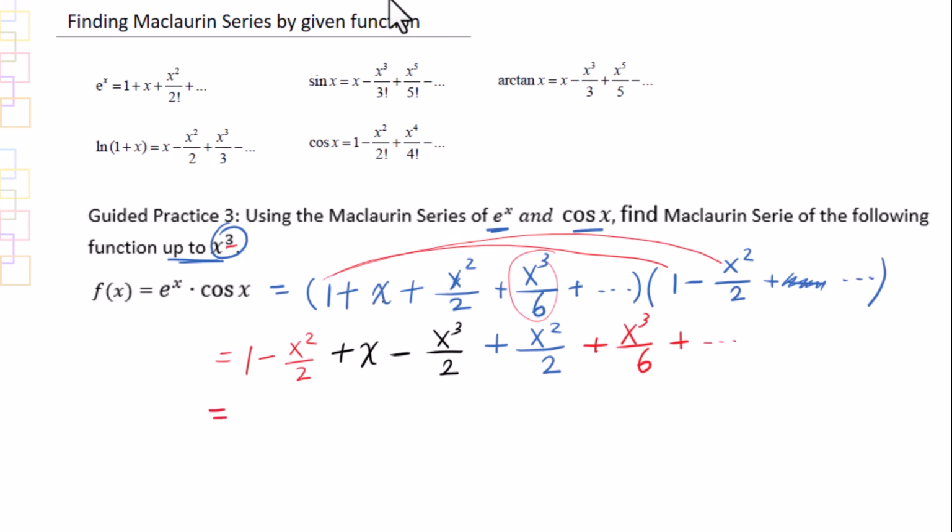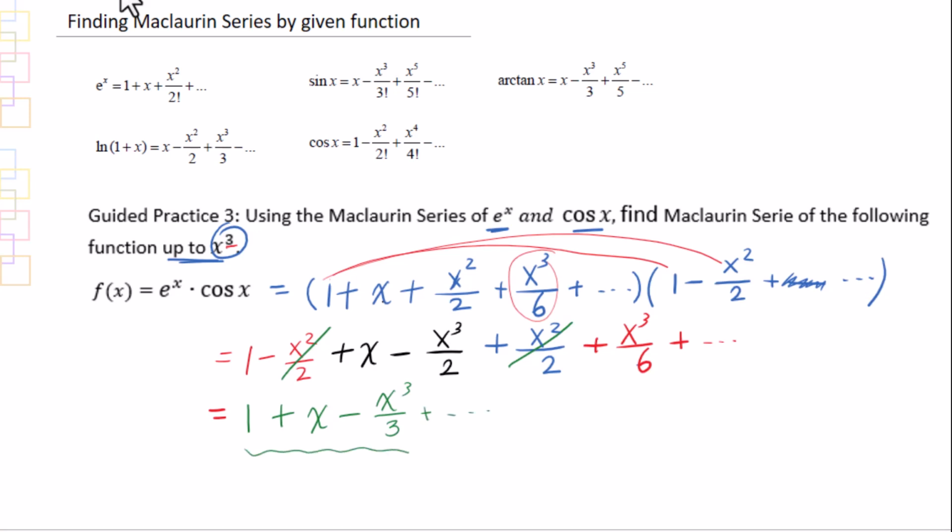Then you need to simplify: 1 plus x, negative x squared over 2 plus x squared over 2 will be 0, negative x to the third power over 3, and so on. So this will be the Maclaurin series for e to the x power times cosine x.